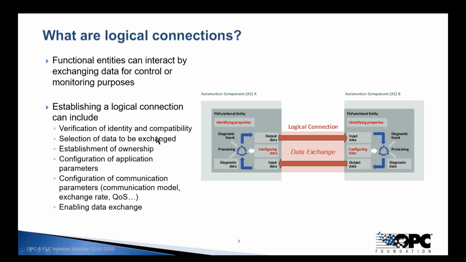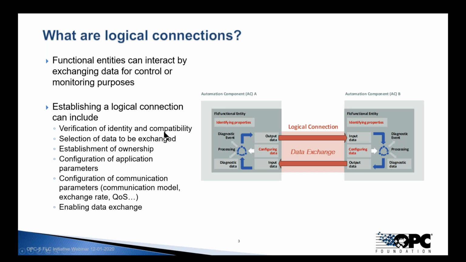One thing is verifying whether that functional entity is the one we expect it to be. Is the automation component compatible? For example, firmware version and hardware version could be checked here. For the functional entity, all that identity information which Paul showed you a moment ago is checked.